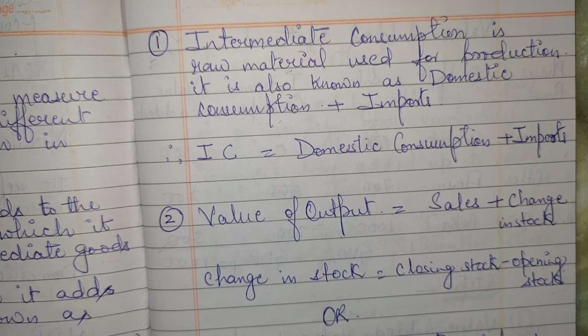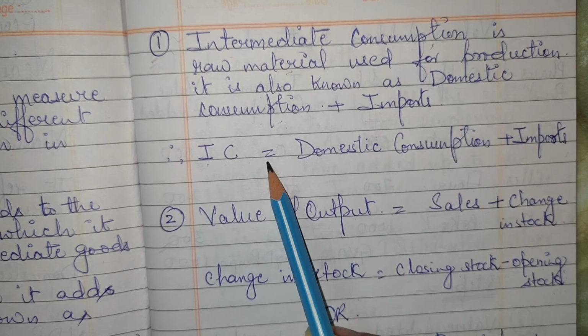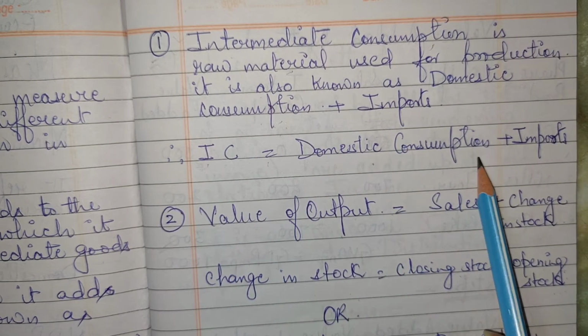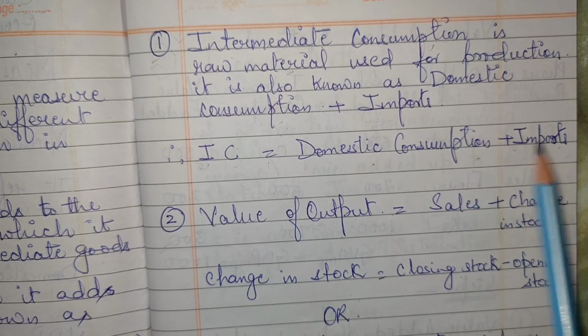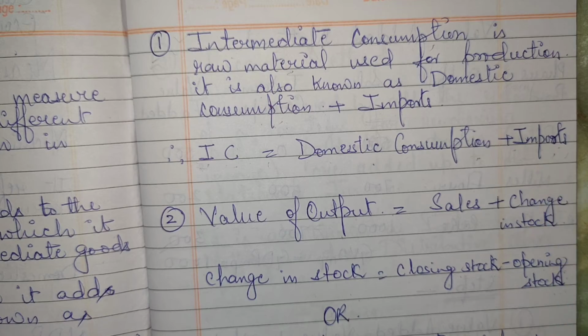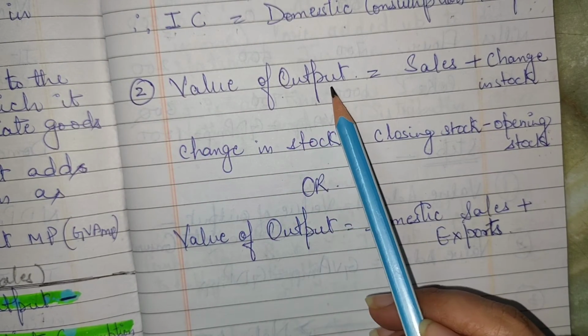And in short, or if we talk about the formula, so IC that represents intermediate consumption, which will be equal to domestic consumption plus imports. So IC include both domestic consumption and imports also. Next is the value of output.